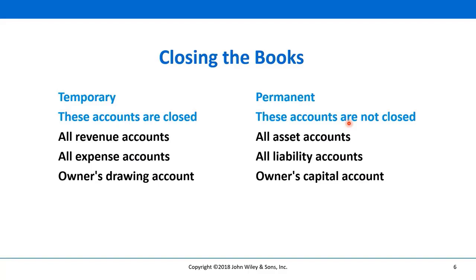At the start of 2020, what will be your cash balance? Zero? No, your cash balance will be the same amount. So that means asset accounts, liability accounts and owner's capital account balances do get carried forward, and should get carried forward in the next year, unlike these 3 accounts. They are known as permanent accounts.